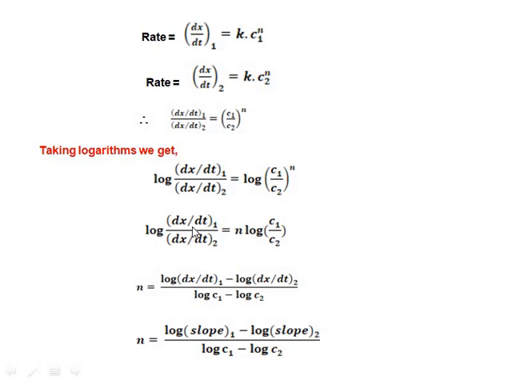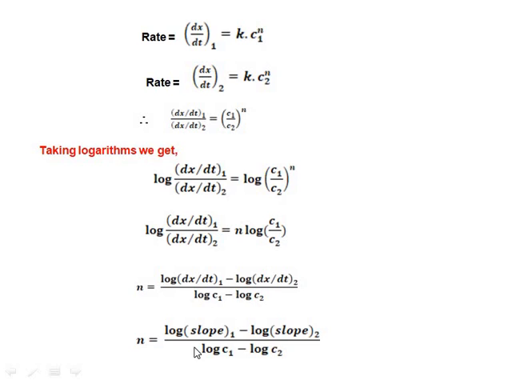So this is the one step: log of (dx/dt)1 upon (dx/dt)2 upon the log of c1 by c2. Then according to the rule of logarithm, we can take the log: log of (dx/dt)1 minus log of (dx/dt)2 upon log of c1 minus log of c2, right?